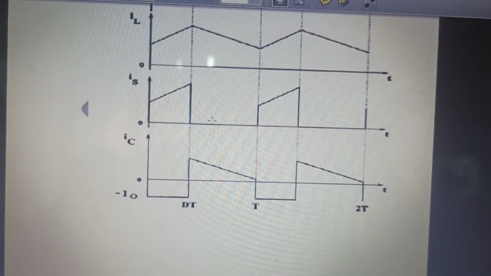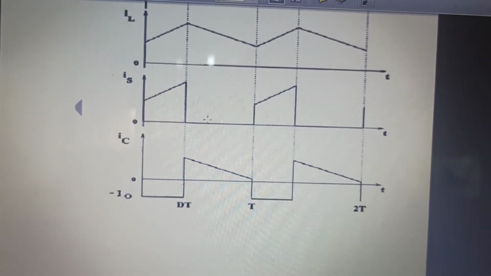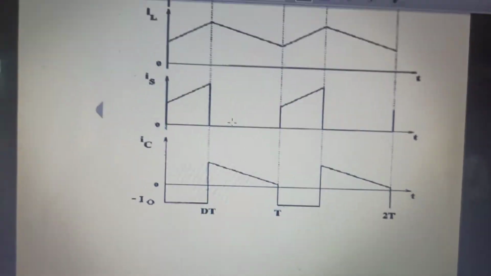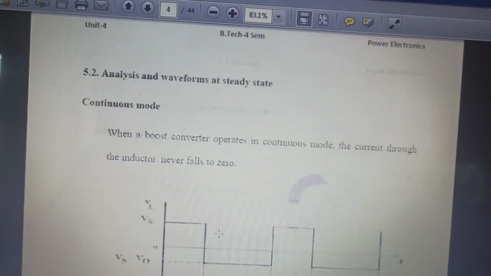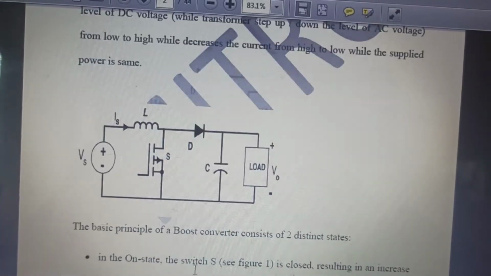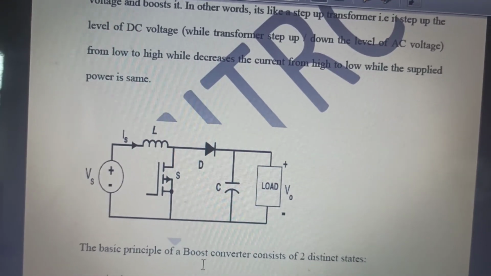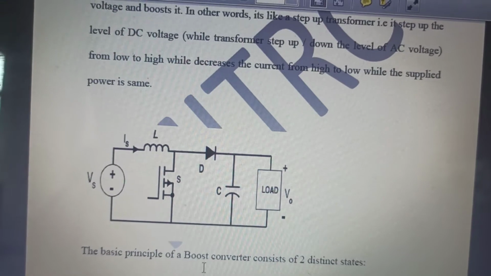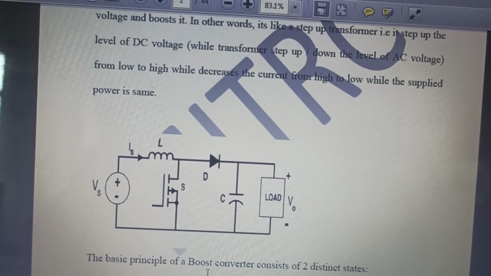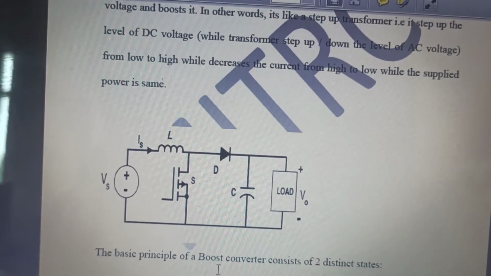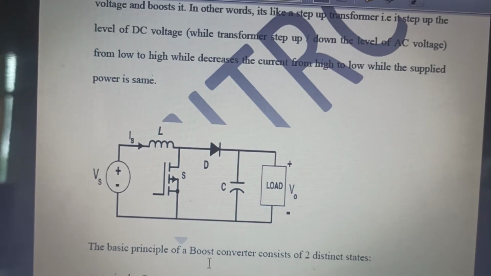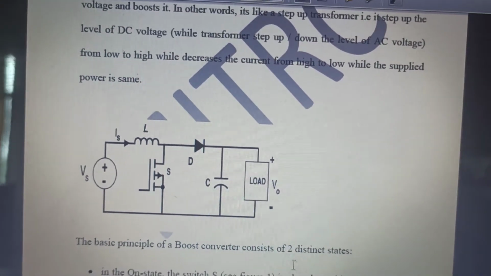Now, if we are concerned about the average value of IL, then it is very easy. It can be seen from here that the average value of IL can be very easily calculated just by looking at the load current value.